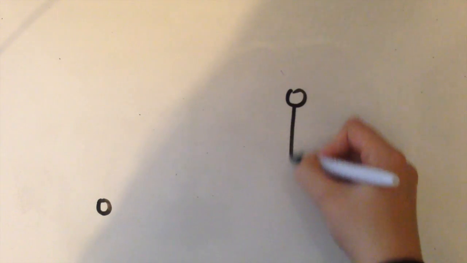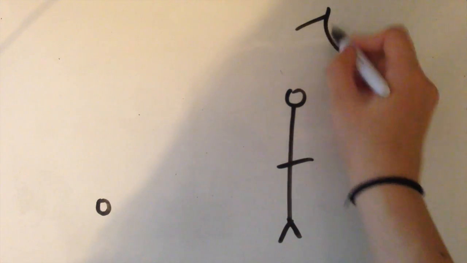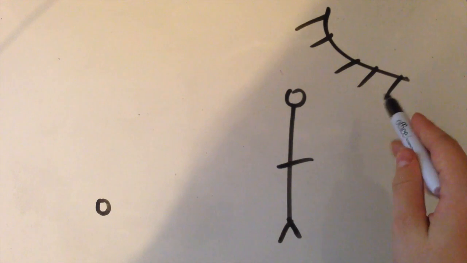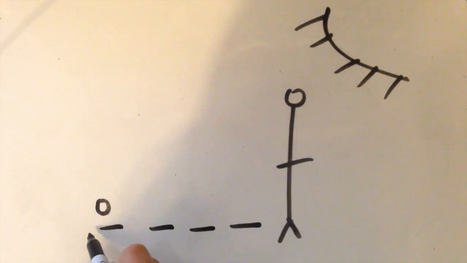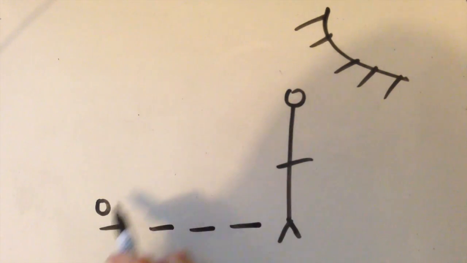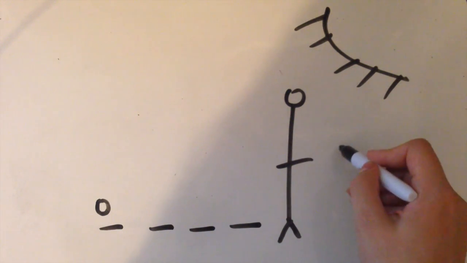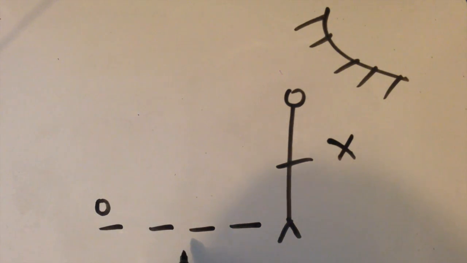Let's say we had a tiny bug on the ground, and over here was a human being. Behind them is the sun, and the human being casts a shadow. If we're looking from the perspective of the little bug to where the shadow lands, and we know how tall the human being is, and we want to figure out how long the shadow is, this is an example of an angle of elevation question.